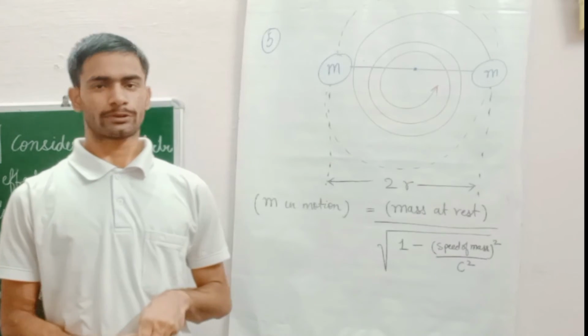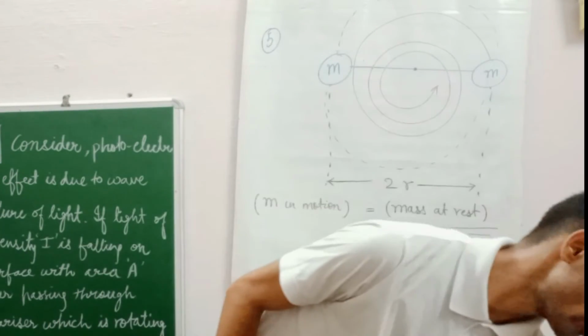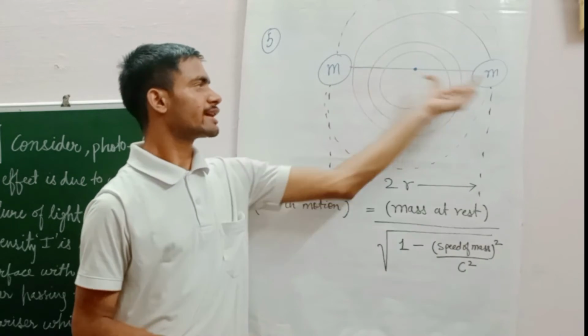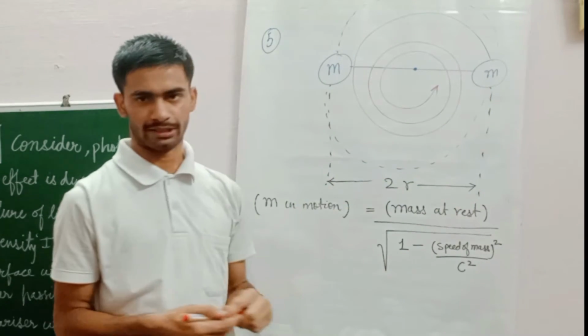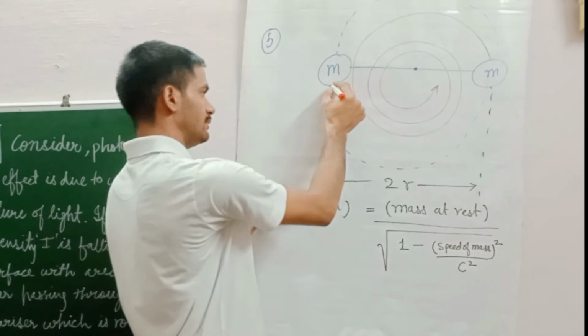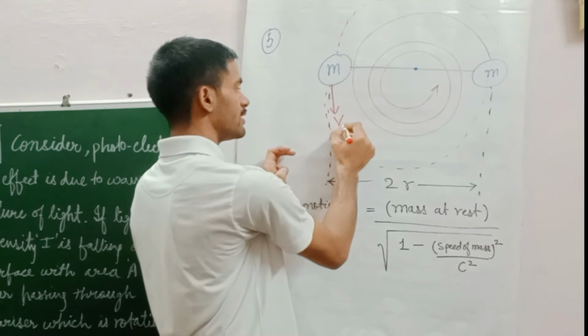Nice. So this fifth question is from physics. In this question we have two equal masses that are at a distance of 2r from each other, and they are rotating on this plane with the velocity of v naught.